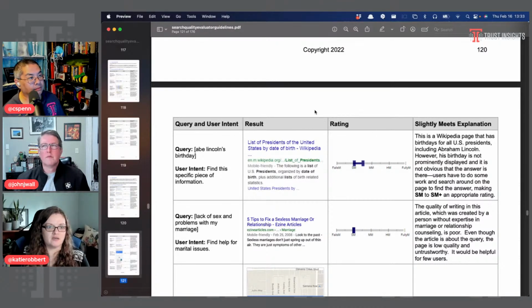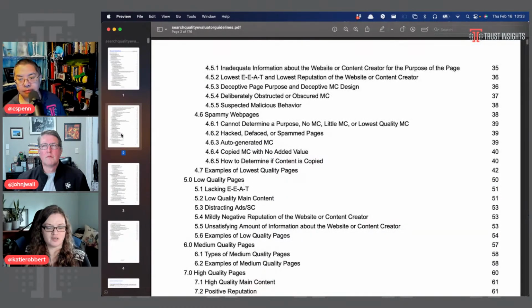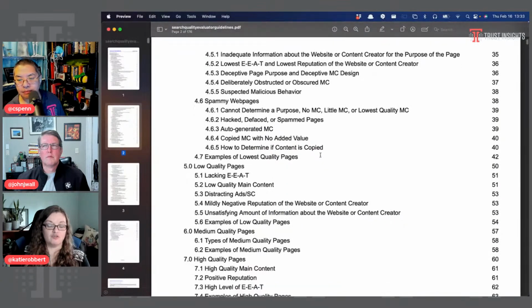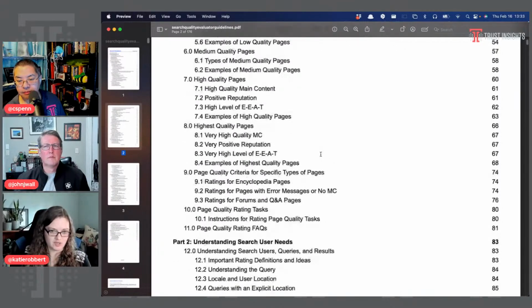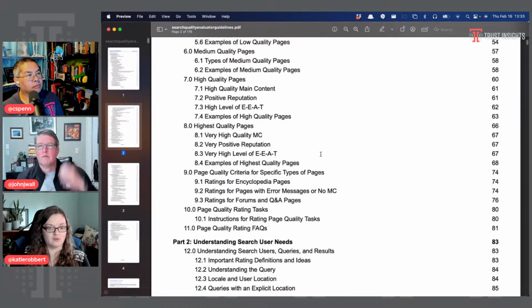So it sounds like, I wouldn't say regardless, but despite all of the hoops that you feel like Google is making you jump through in order to have your page ranked higher, the basics of SEO still matter.